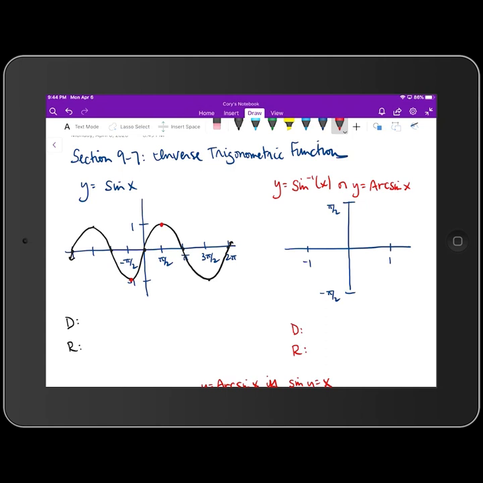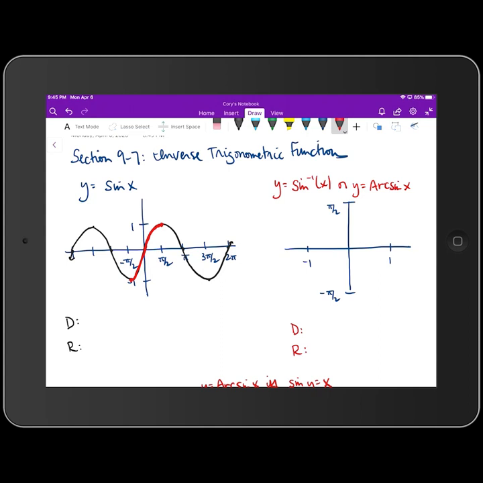So when I take a look at the sine function on that interval, which is what we have in red there, we've restricted the domain of that function in order to make sine 1 to 1. Sine is 1 to 1 on that interval from negative pi over 2 to pi over 2.